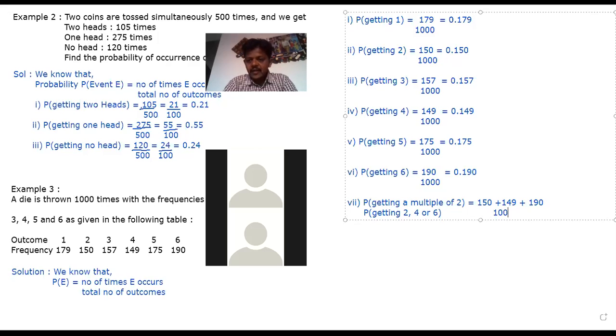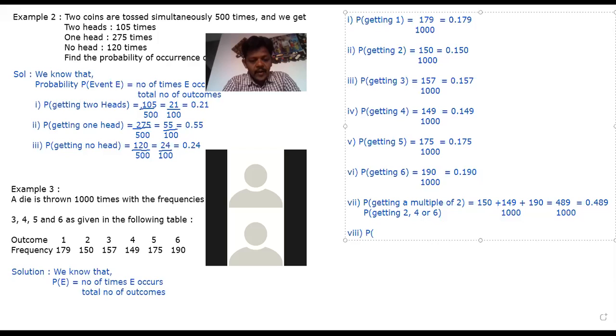Are you understanding, children? These many times we have got the multiple of 2. Yes or no? Yes, sir. And what is the total of this you said? 489. 489 upon 1000 is equal to what? 0.489. Did you understand? Probability of getting a multiple of 2. Yes, sir.